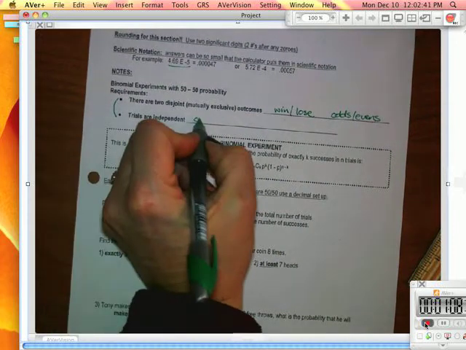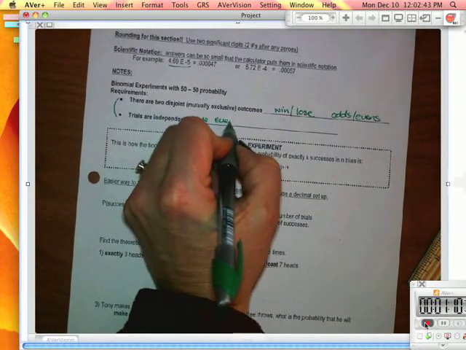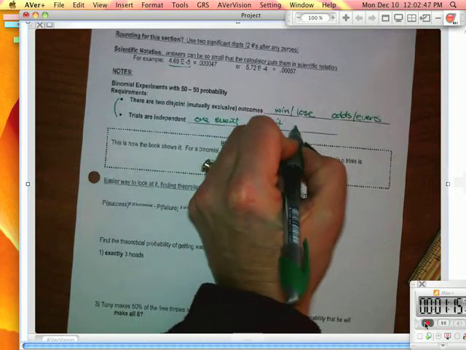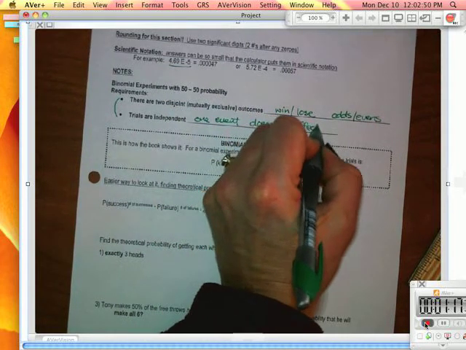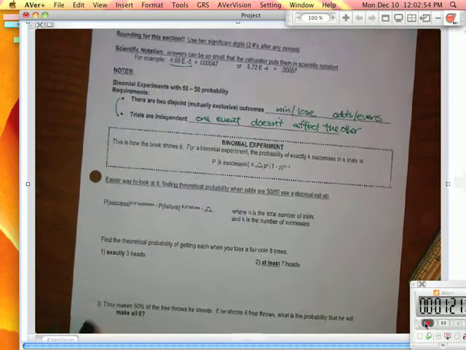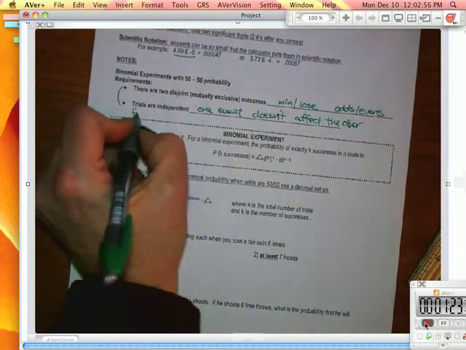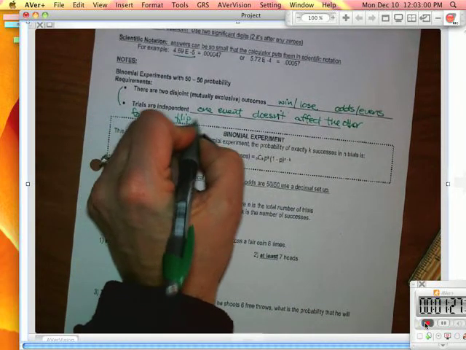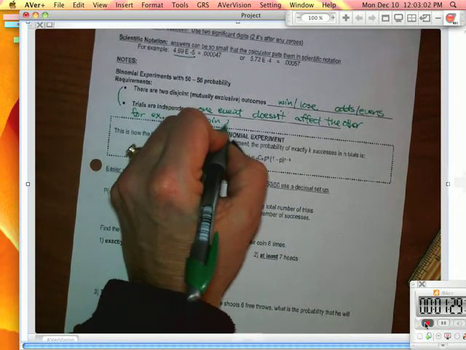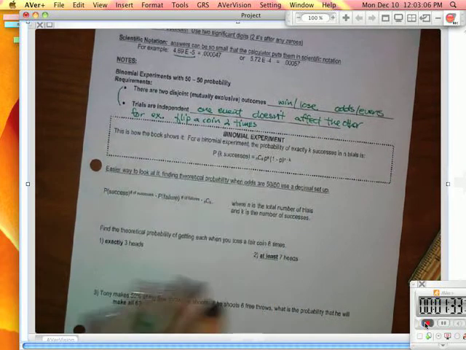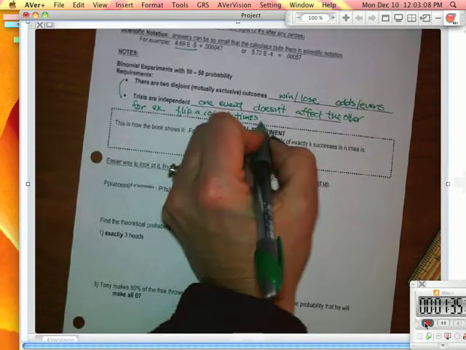One event doesn't affect the other. For example, just as a refresher, if you flip a coin 2 times, count the times it lands on heads.